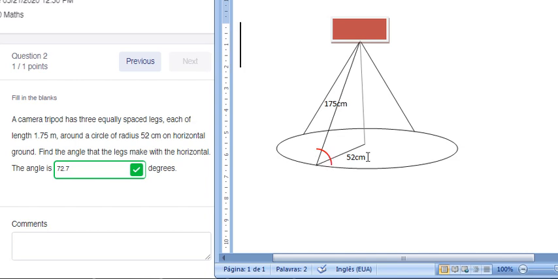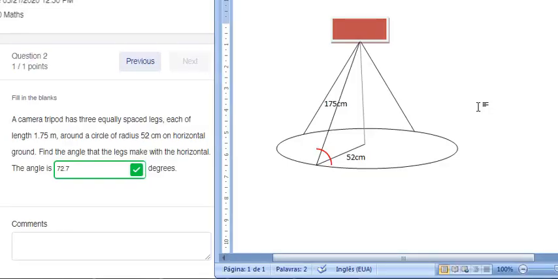So we have to use the relation of the adjacent and the hypotenuse, cosine, the CAH rule. Since we want to find the angle, remember, you're going to use the inverse function. All right, so let's go.